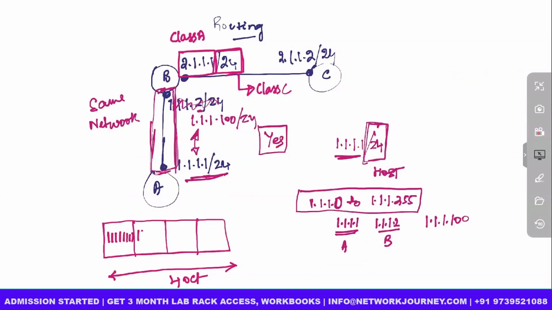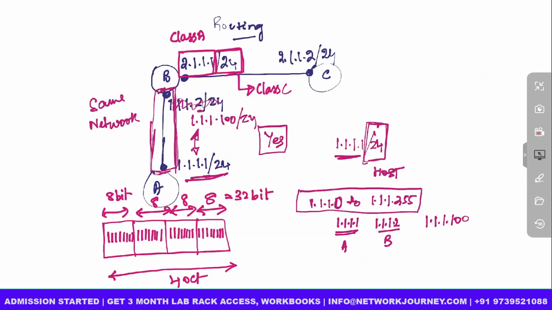Second octet 1 to 8. Third octet 1 to 8. Fourth octet 1 to 8. So each one is 8 bits. This is 8, this is 8, this is 8, this is 8, which is nothing but 32-bit IPv4.